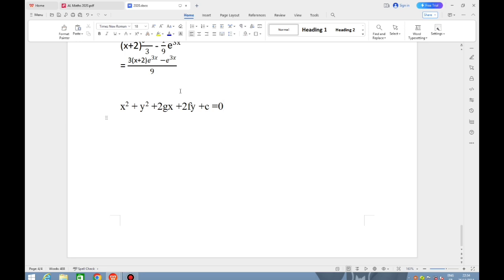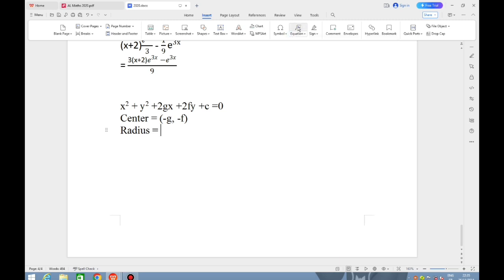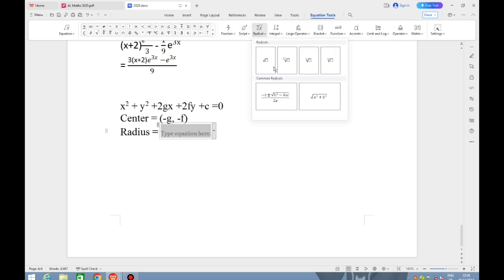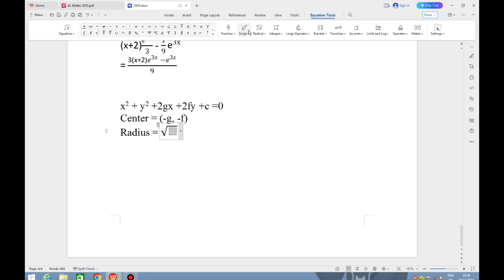From this equation we should know that the center of the circle is equal to negative g, negative f, and the radius is equal to the square root of g squared plus f squared minus c.